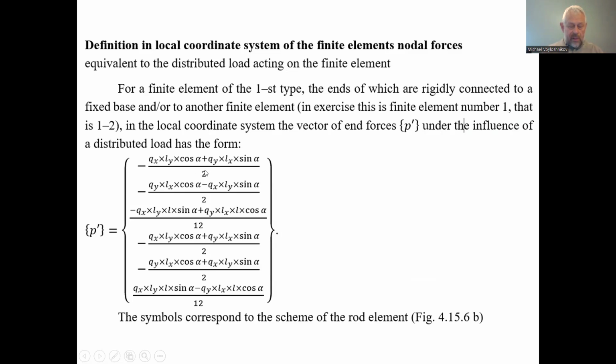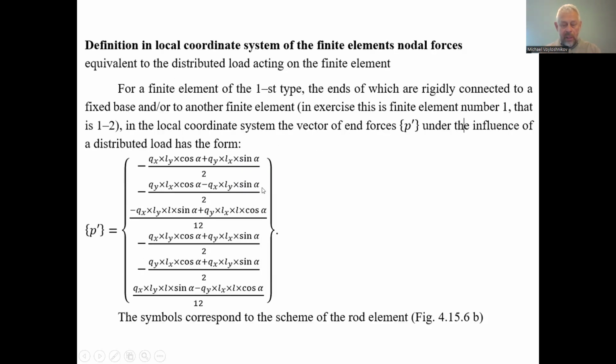The first component is determined depending on the angle of inclination: the horizontal force, the distributed force, the vertical component of the rod finite element, the cosine of the inclination of the rod finite element to the positive direction of the abscissa axis in the global coordinate system. This is the vertical component of the distributed force. This is the horizontal size of the finite element, and this is the sine of the angle of inclination of the finite element to the abscissa axis of the global coordinate system.